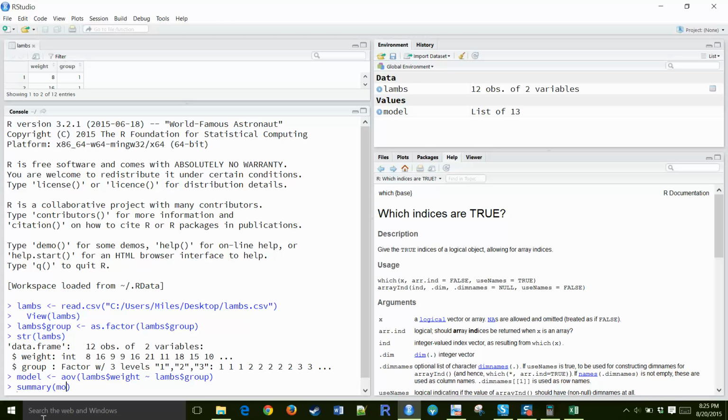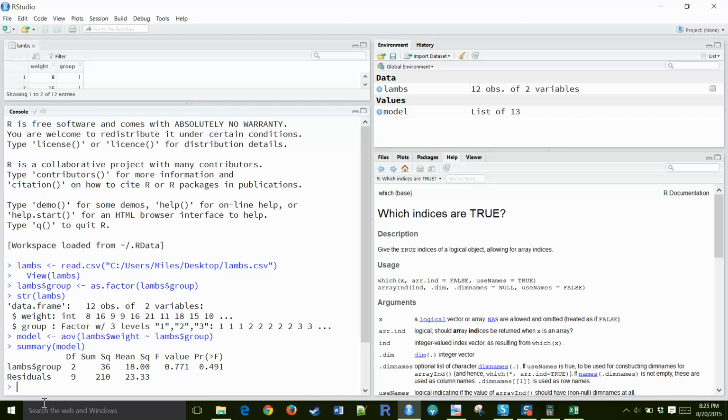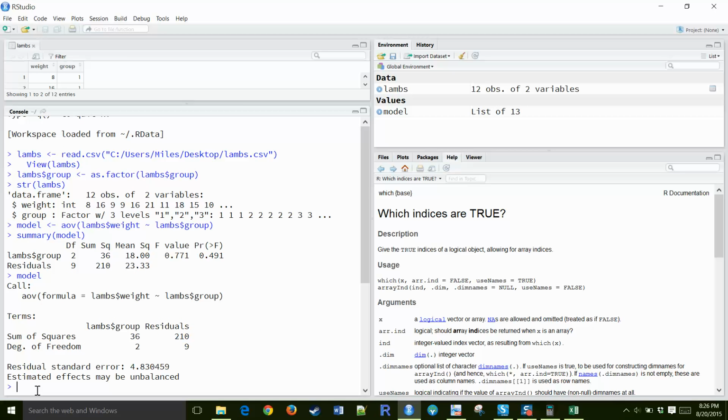But you ask for the summary, and it gives you the ANOVA table that we produced. And again, in our class, we're only covering one-way ANOVA, which is the simplest form, where you have one categorical variable trying to explain the variance in a numeric variable.